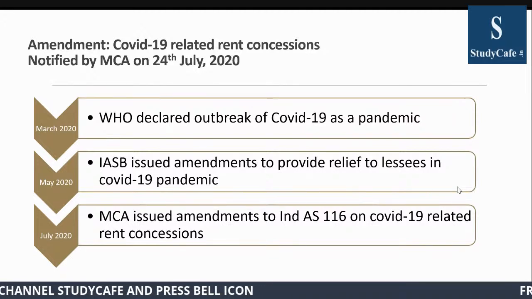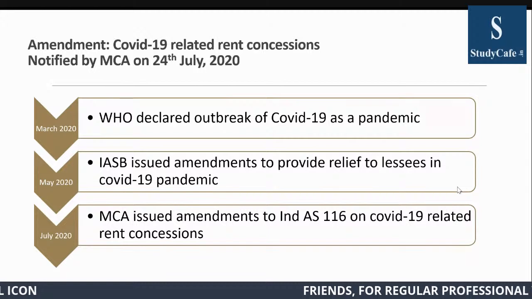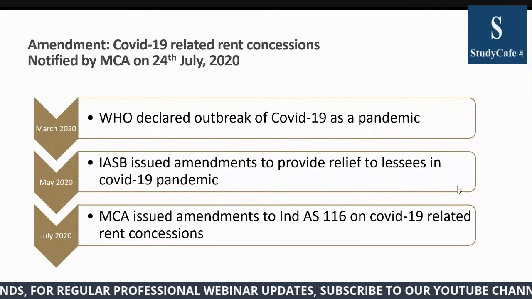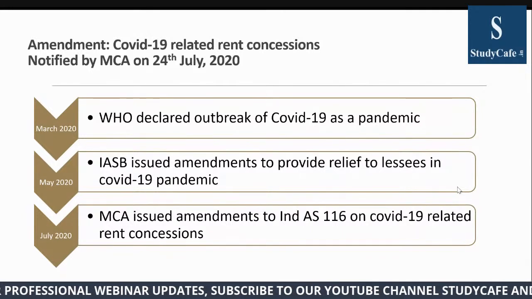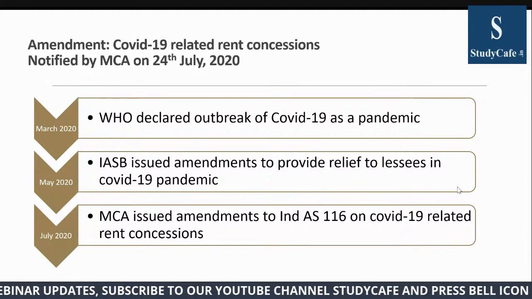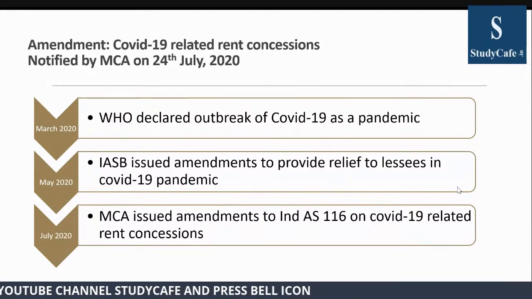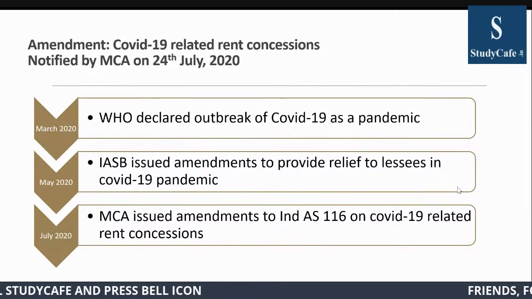So in May 2020, IASB brought an amendment in IFRS 16 to provide relief to lessees in the COVID-19 pandemic. And similarly, in July, on the same lines, MCA issued the same amendment to Ind AS 116 on COVID-19 related rent concessions. So basically, what is this amendment? What has actually happened?